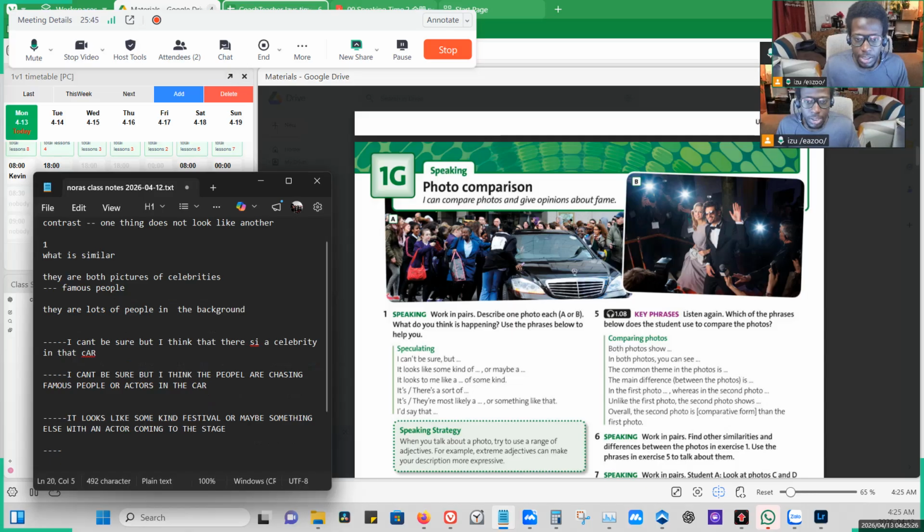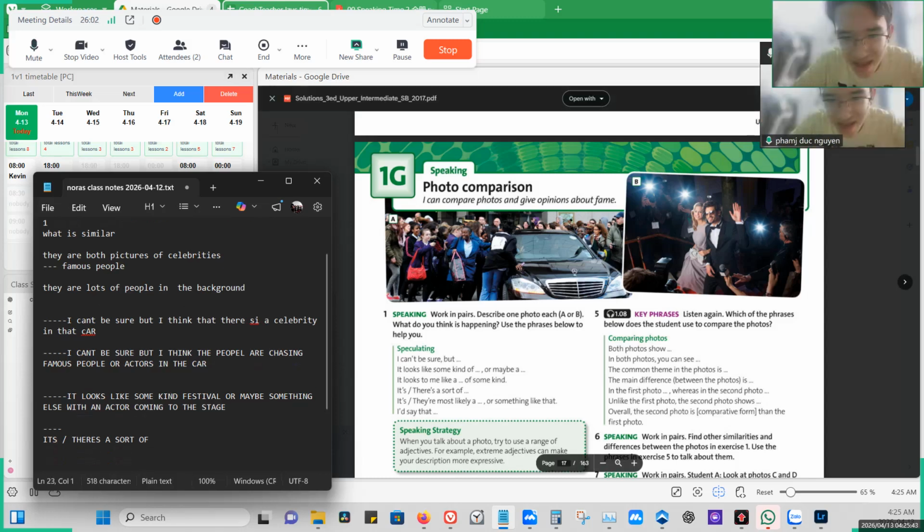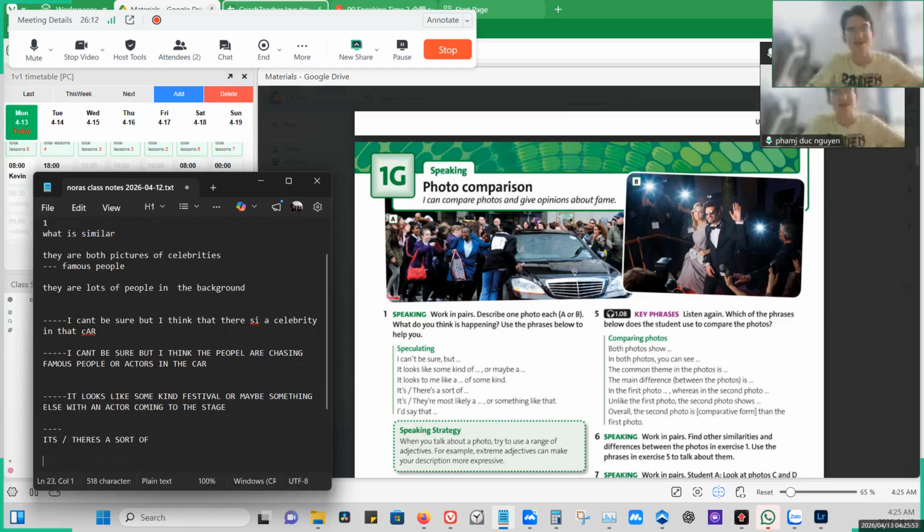So the third one says there's a sort of, it looks to me like. I hardly use that, so I'm not really sure how to use that.